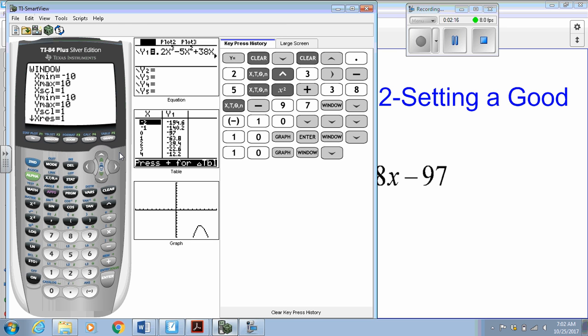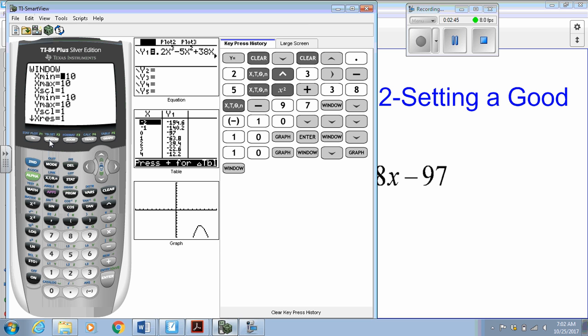Sometimes you might have to go in increments of ones, maybe increments of 5s or 10s. It really depends. If we look at the graph, it looks like we need more of this bottom area. That means we need more towards the positive x-axis and more of our negative y-axis. So we're only going to change those two things, so we can see our entire graph.